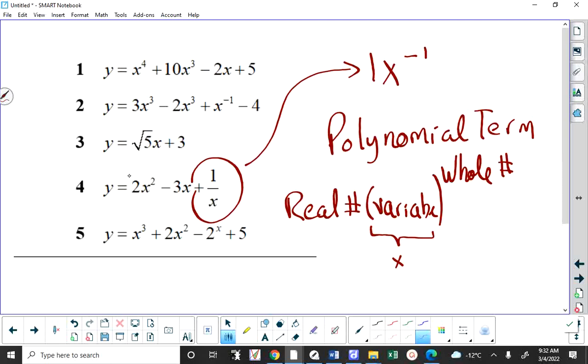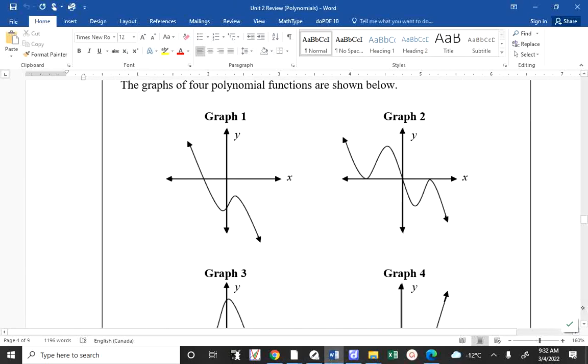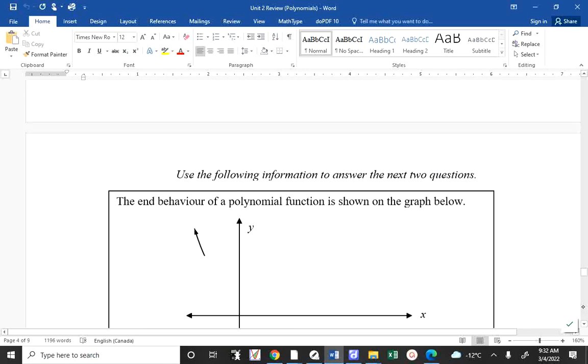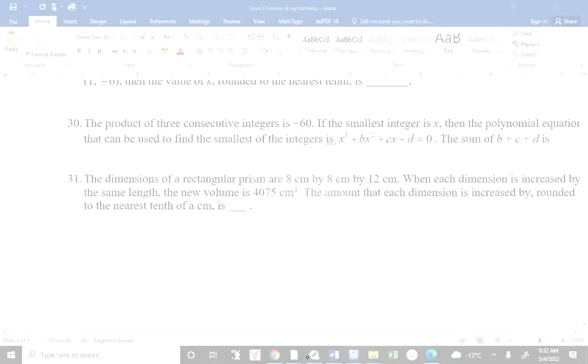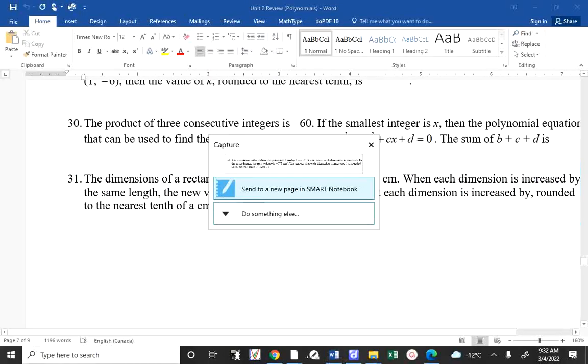Other questions? Go ahead, Dua. 31? Again, there are some word problems here, and I decided long ago in this course, I'm not going to teach a lesson on word problems.